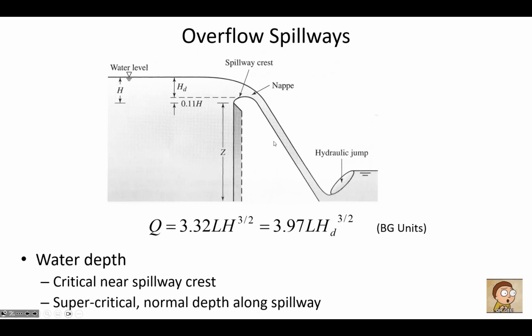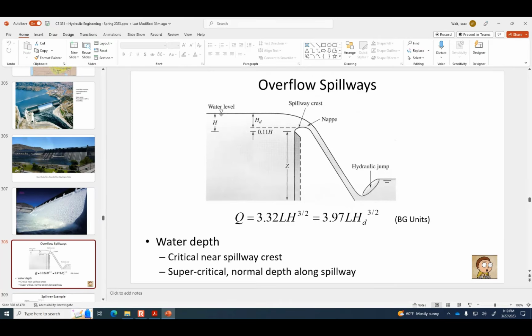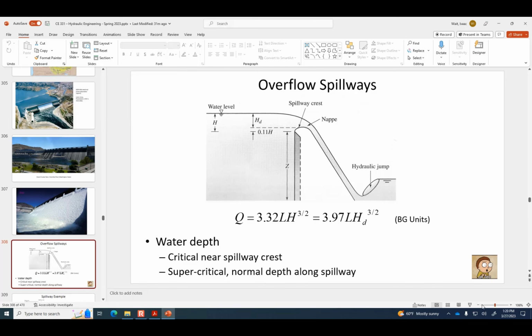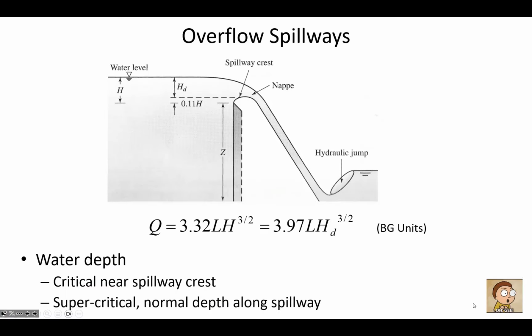They had a pretty good explanation in the video on the reason why you don't necessarily want a lot of variation in the height of the water level above the spillway.